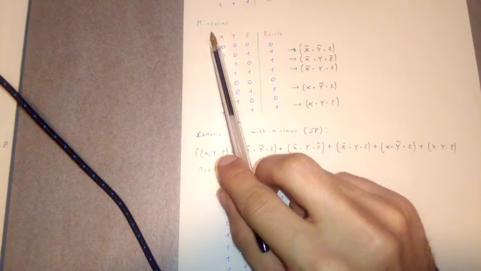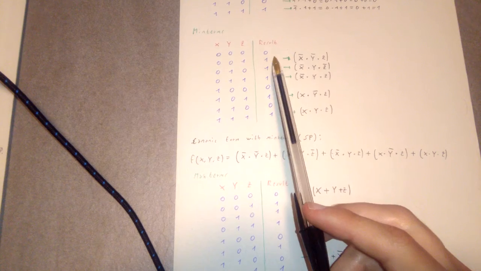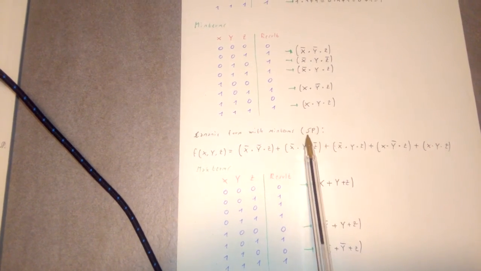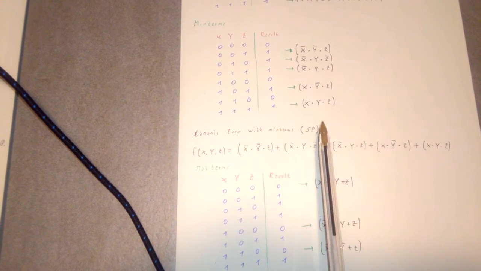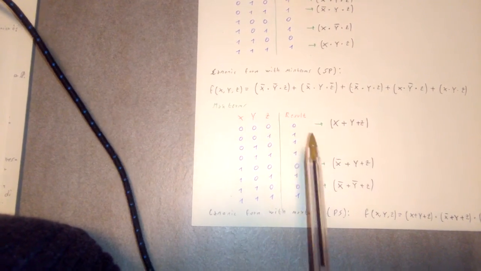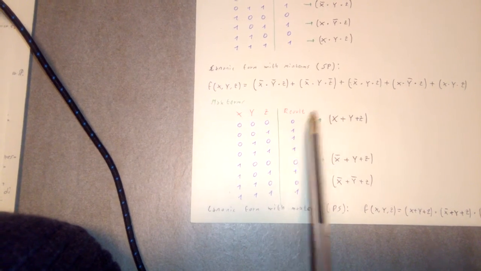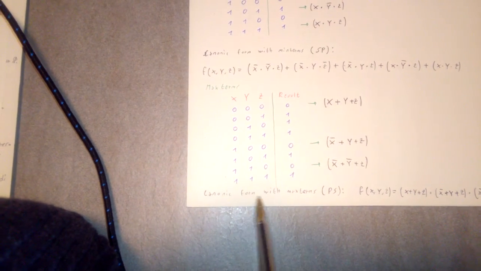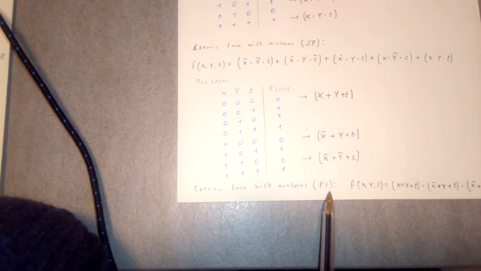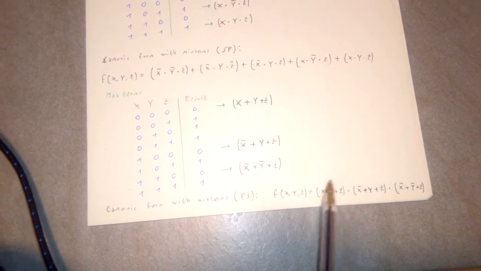If you use the Minterms, you're going to have to look at where the function is 1, and you're going to have the sum of products representation. However, if you look at the Maxterms, you're going to have to look at where the function output is 0, and you're going to have the canonic form with the product of sum representation. And indeed, this is a product of sum.